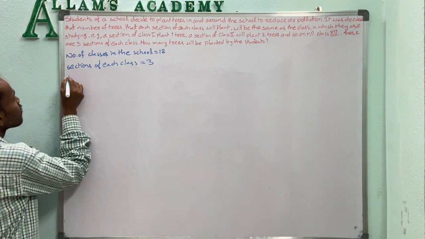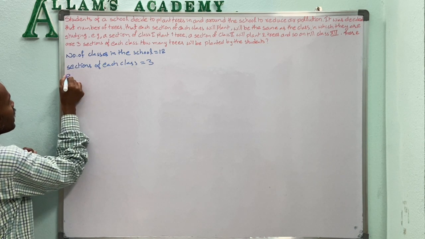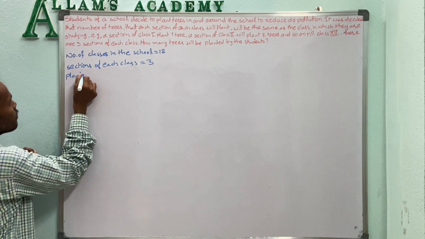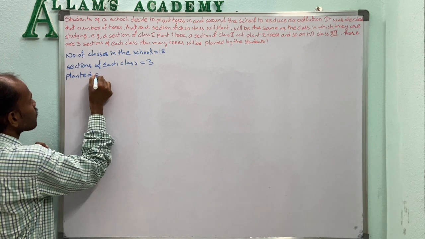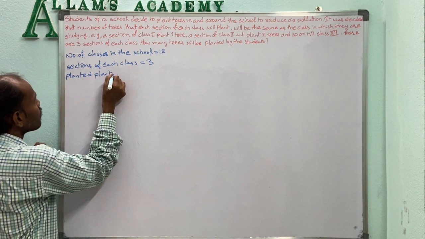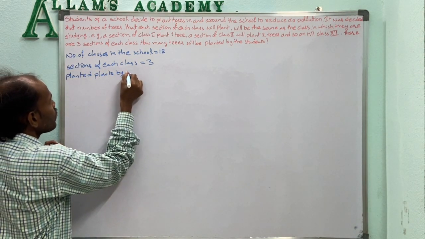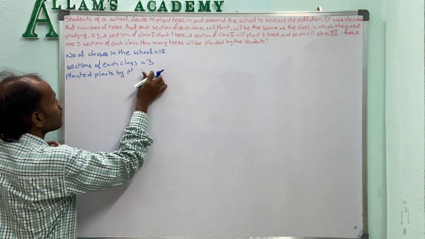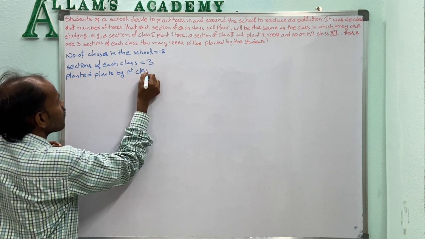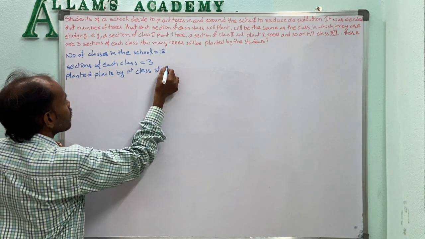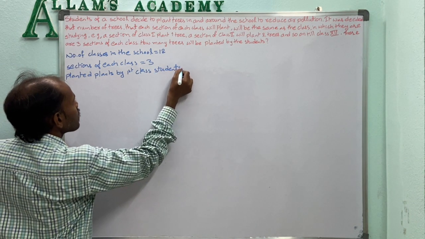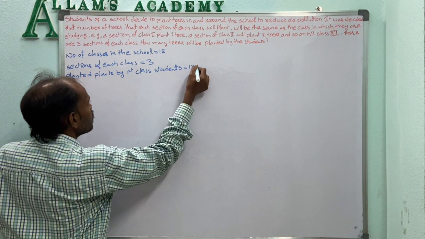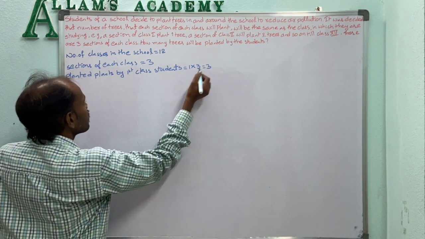So now the plants planted by first class students is equal to 1 into 3, that equals 3.